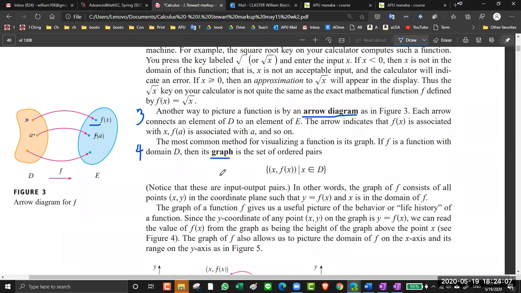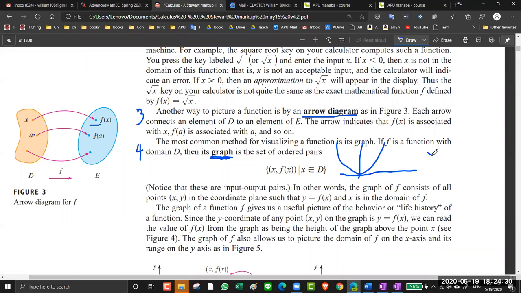Excuse me. Okay, so another way to describe a function is by a graph. So, for example, of course, we could say, to kind of describe a function like that.